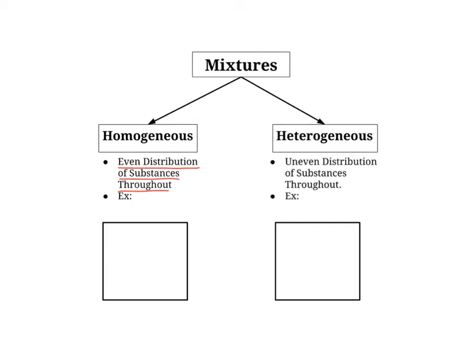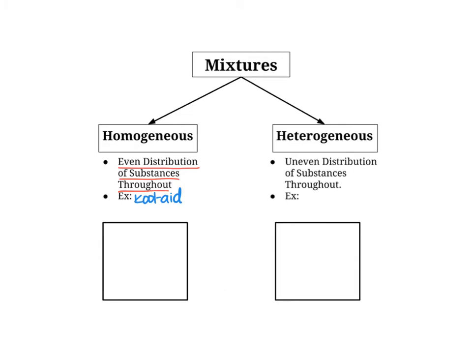So some examples could be Kool-Aid. If you make Kool-Aid correctly, you mix it in and all of that Kool-Aid powder dissolves, and every sip of Kool-Aid you take should taste the same. It should have the same amount of Kool-Aid powder to water ratio, to sugar ratio in each sip that you take. Now that's not saying that you used the same amount of Kool-Aid powder to the same amount of water when you made the Kool-Aid.